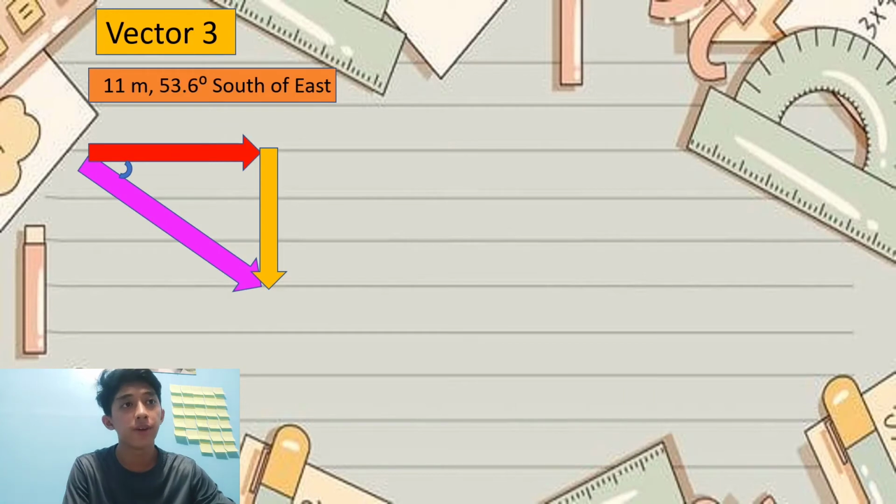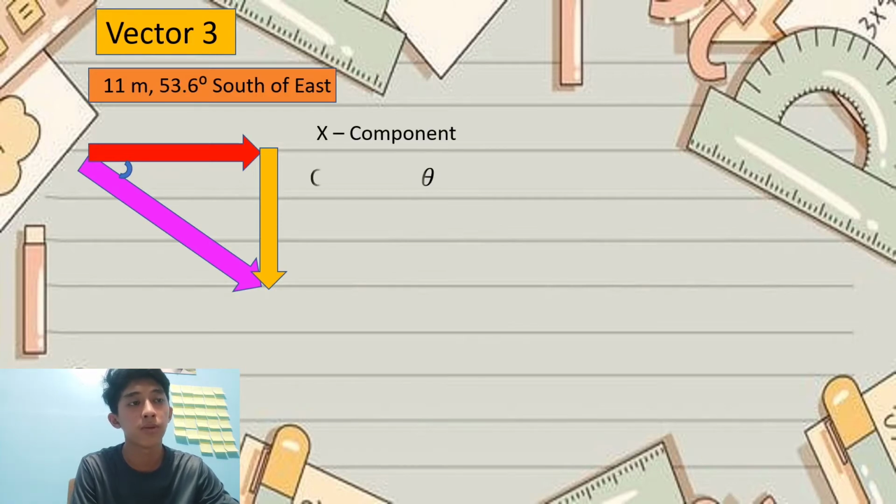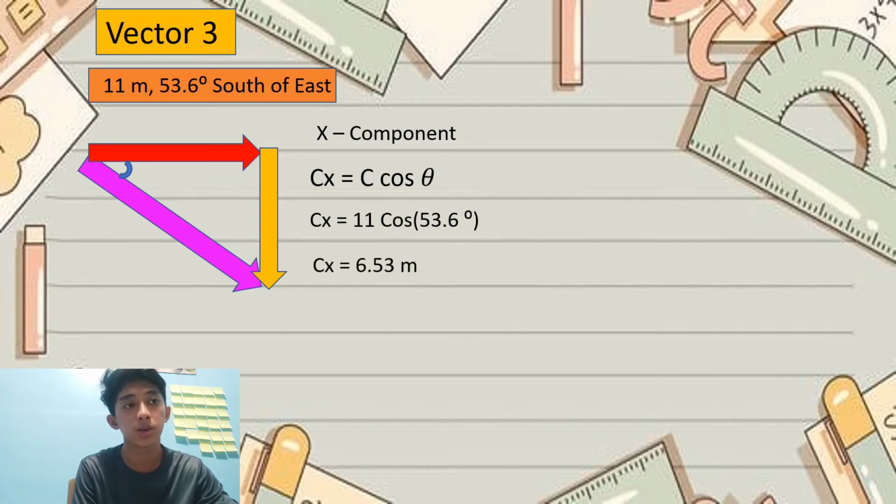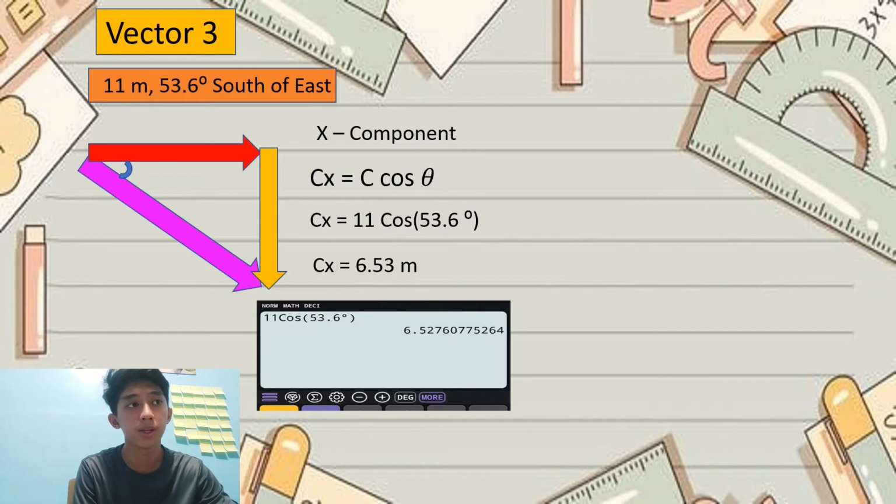So let's find out the vector 3, which is the given 11 meters, 53.6 degrees south of east. First, we will find the x component, which has the formula cx is equals to c cosine theta. Then substitute cx is equals to 11 cosine 53.6 degrees. So our x component is cx is equals to 6.53 meters.